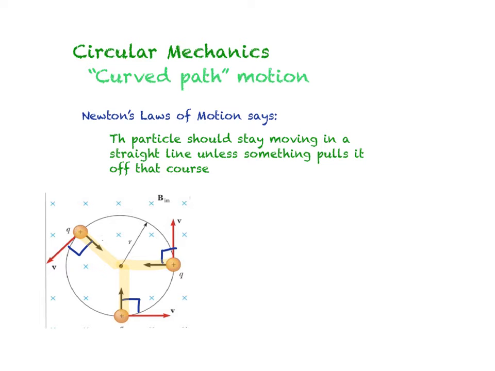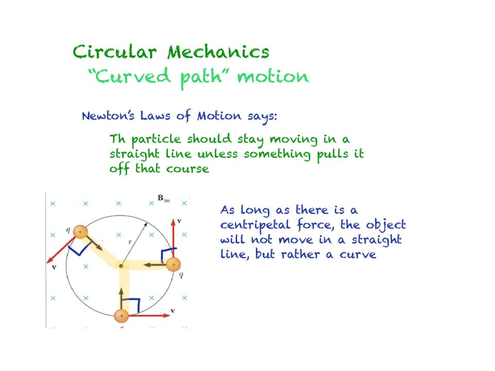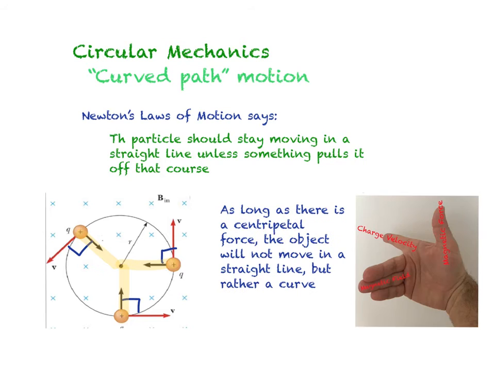So as long as there's a force that is perpendicular to my velocity at any moment, it will effectively pull me in a circular arc. Now, you can see from the result of the right-hand rule that the magnetic force always acts perpendicular to the instantaneous velocity of the particle, thereby pulling it in a circular arc.